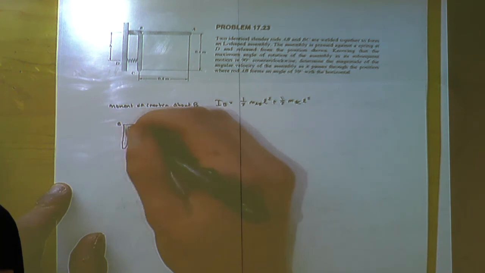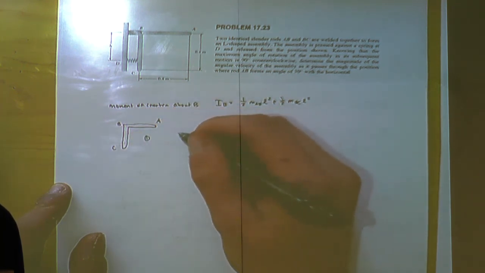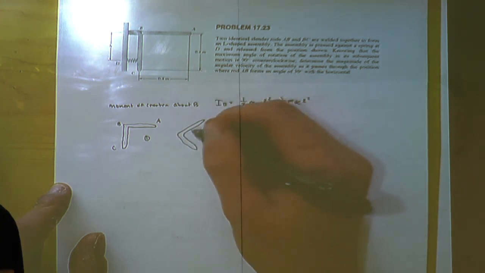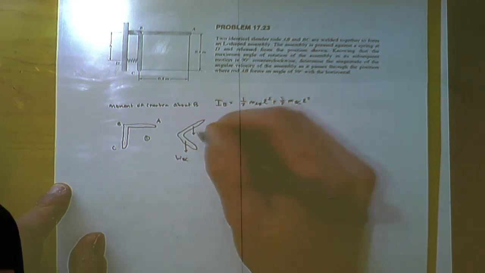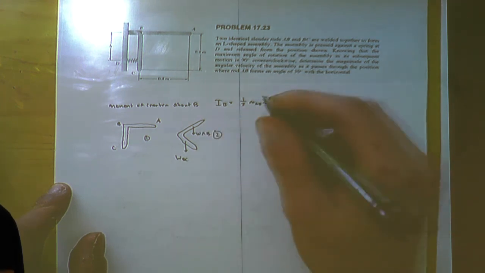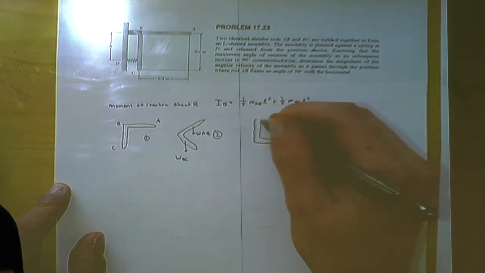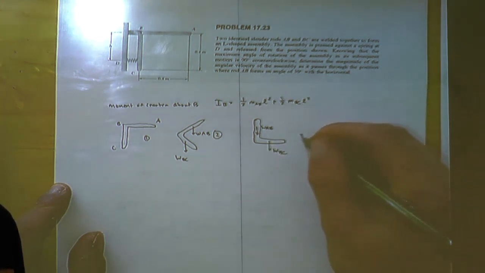So we have B, C, A. It's 2, and then this is 3.